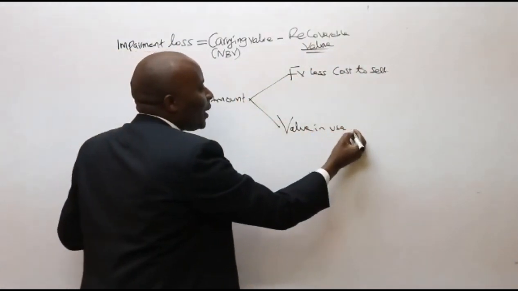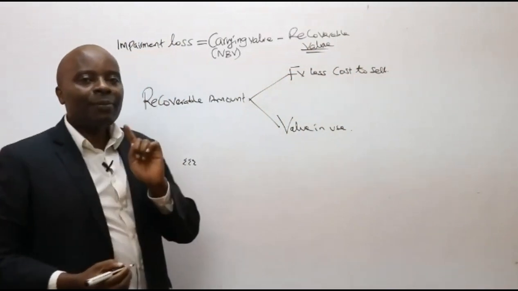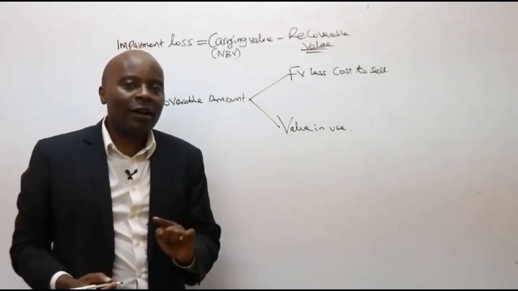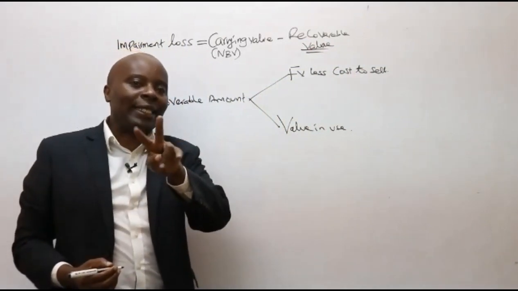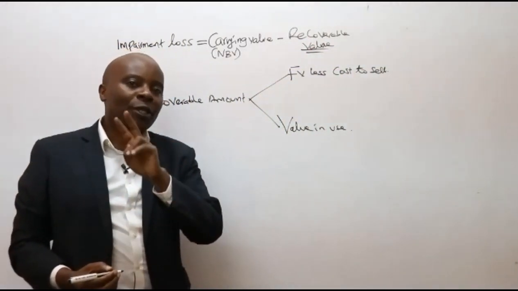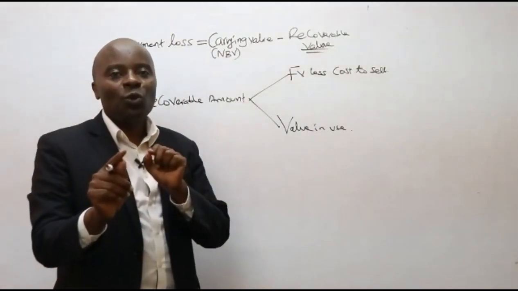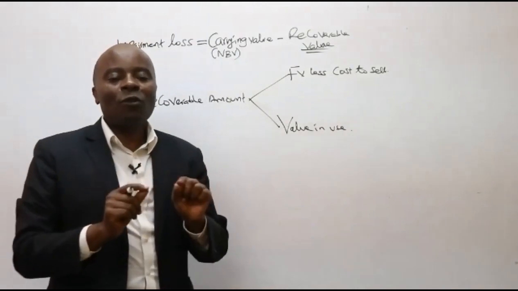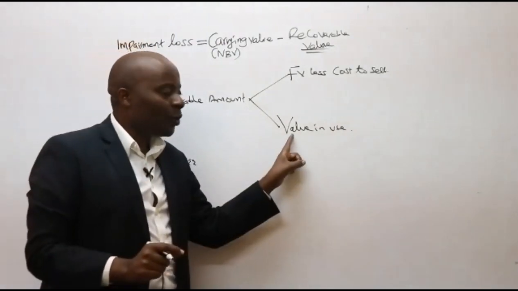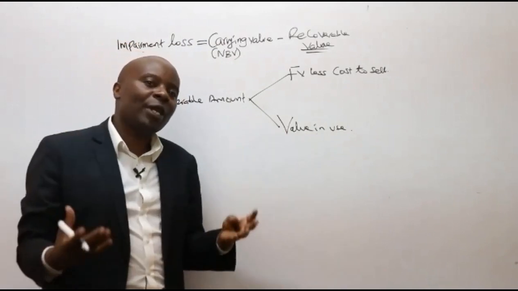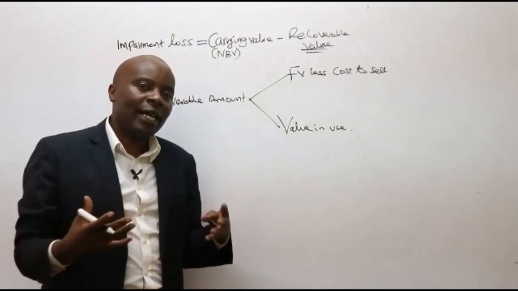Value in use means, ladies and gentlemen, that for any particular asset that you have, you've always got two possibilities, two options. You can continue using it, and if you continue working with it, there is a benefit of using it, what we call the value in use. And this value in use, we shall be looking at the benefit you are getting out of this particular asset.